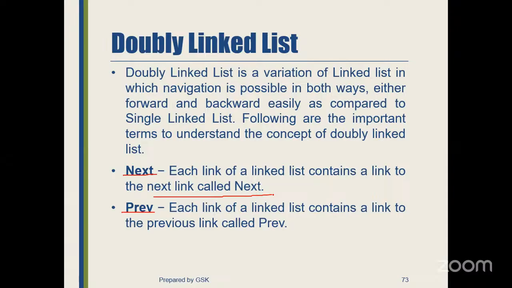In simple terms, every node contains a link for the next node, that is the next link. The previous link is used to move from one node to its previous node. That is previous, and by the name also you can understand that. Link for the next node, link for the previous node.